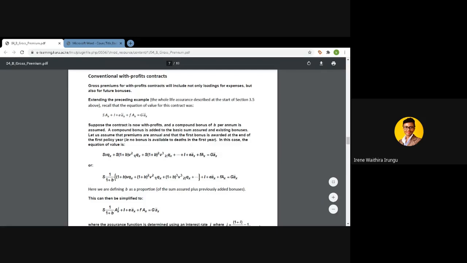So if we begin at the very inception of the policy, such that our sum assured is S, then in the next year, we'll expect our sum assured to grow by a certain bonus rate, which we can call our bonus rate B per annum, so that we are speaking of reversionary bonuses which are payable periodically within the contracts.